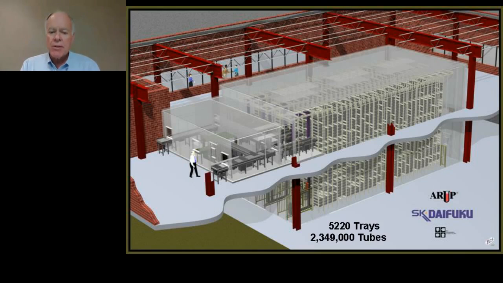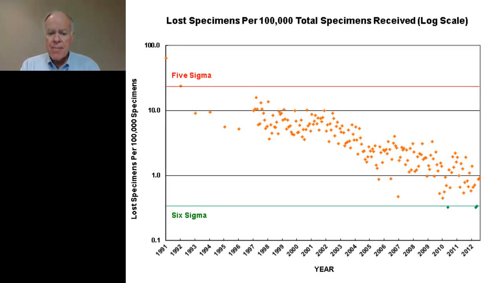And all of these are storage shelves that are accessed by robotic systems. That system can hold 2.3 million specimens, and we can retrieve a specimen in about 2.5 minutes on average.